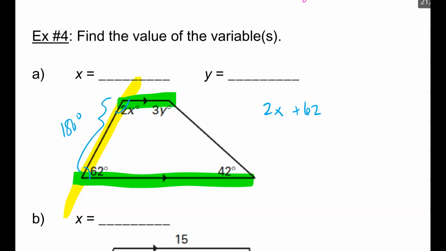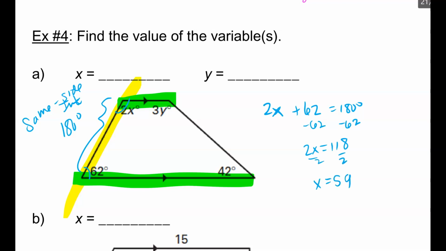And when I say they should, they are. Why do they equal 180? Because this is the same side interior. This is all the way back from chapter 3. Minus 62 on both sides, so 2x equals 118, divide by 2, and we get x is 59.